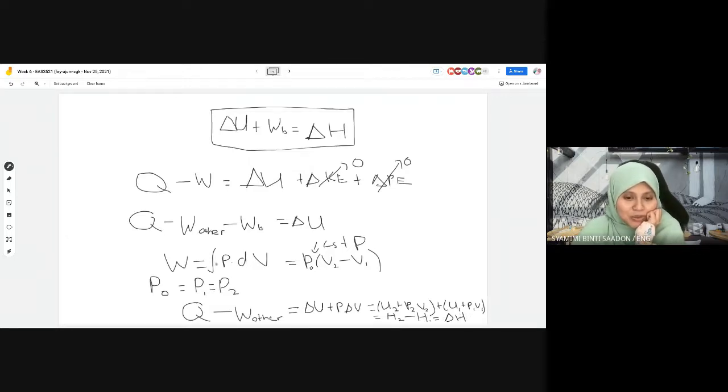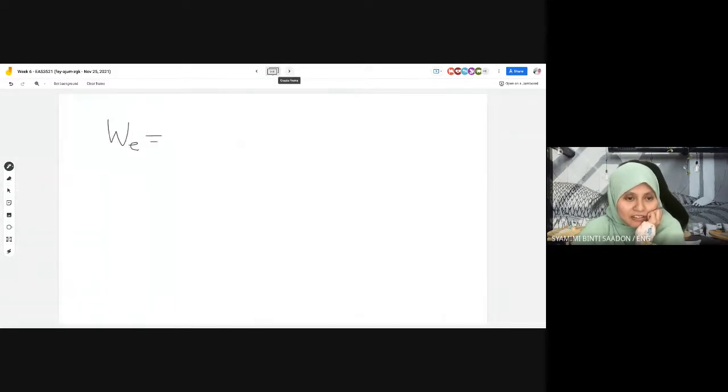So use this energy balance equation, and later on we just add the electrical work to the equation.